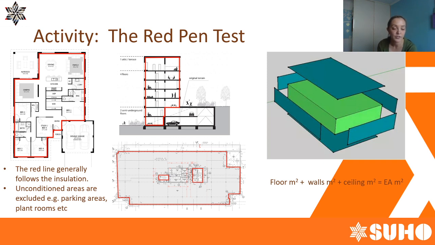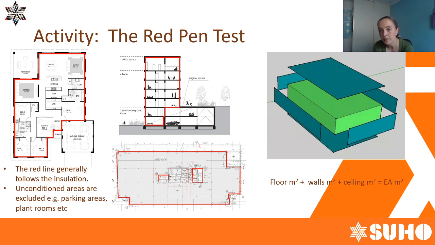The same applies to a commercial building where the red pen test is drawn around each level. It often is drawn around areas such as plant rooms, which are excluded from the building envelope. But basically, it's the cheapest and easiest way to identify the air barrier, and it generally follows the line of the insulation.